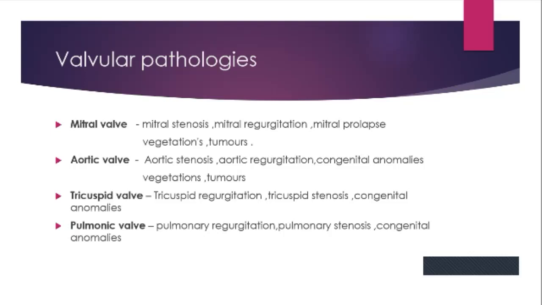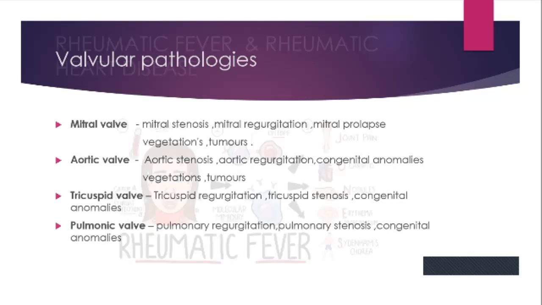The aortic valve can stenose, can regurgitate, can have congenital abnormalities, and can also have vegetations and tumors. The tricuspid valve can regurgitate, can stenose, and can have congenital abnormalities. The pulmonic valve can regurgitate, stenose, and have congenital anomalies.